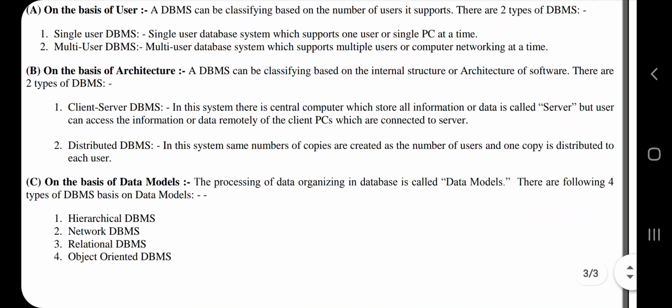Second, on the basis of architecture, a DBMS can be classified based on the internal structure of architecture of software. There are two types of DBMS. First, client server DBMS.